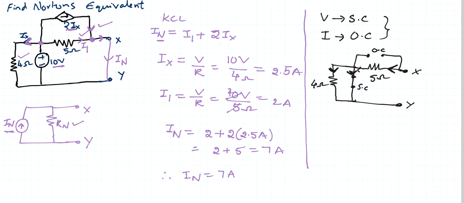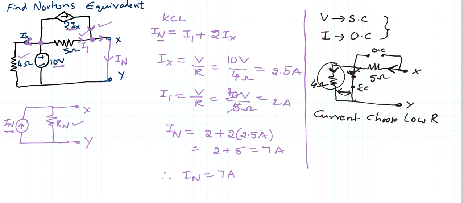Current chooses the low resistance path. So it will not flow through this 4 ohms, it will flow through this short circuit. Let us think this is parallel to this circuit.